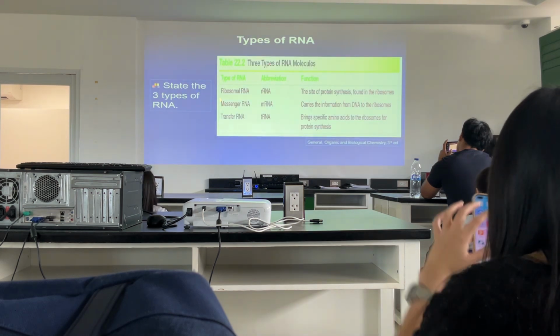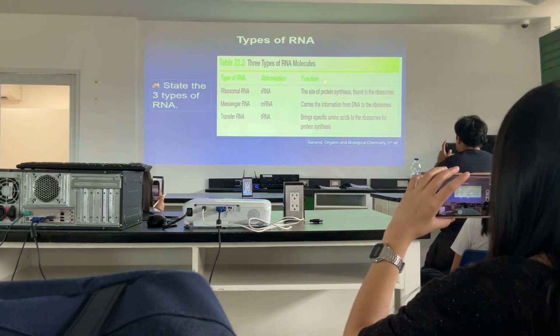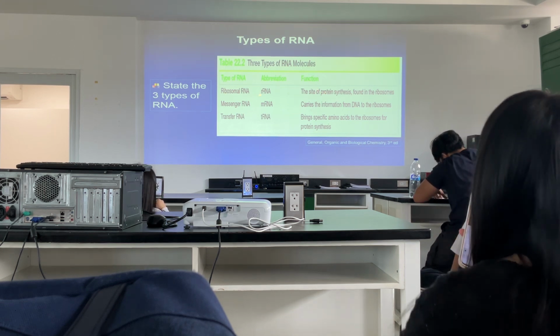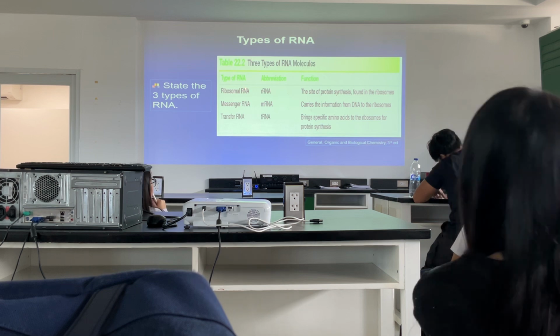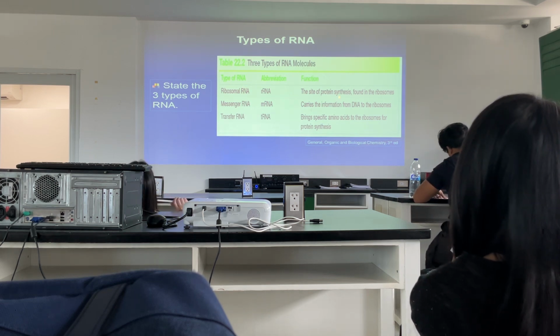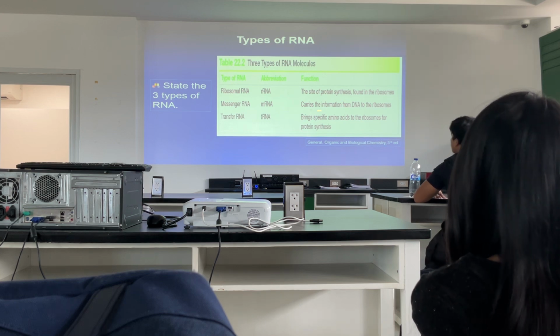So state the three types of RNAs. You have ribosomal RNA, the site of protein synthesis. It is a component of the ribosome. And then you have messenger RNA that carries the information from DNA to the ribosome.